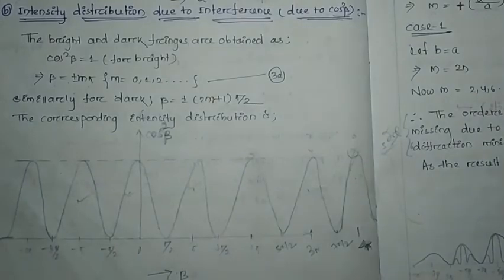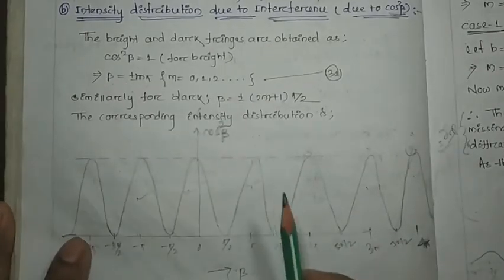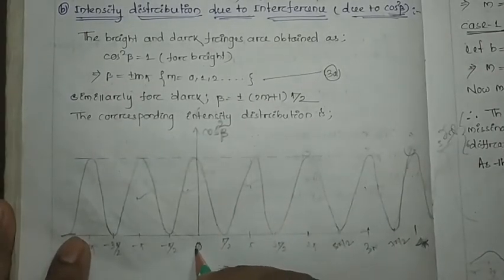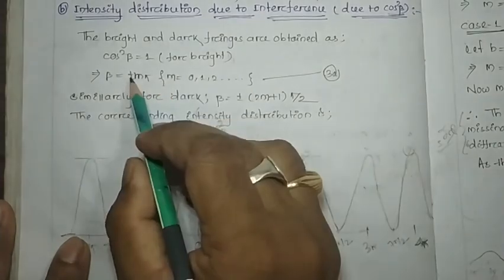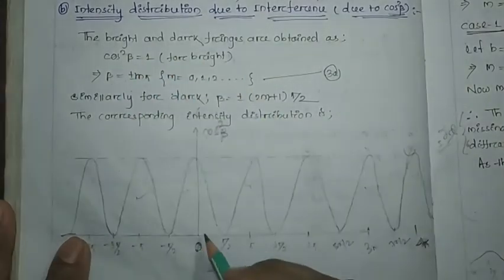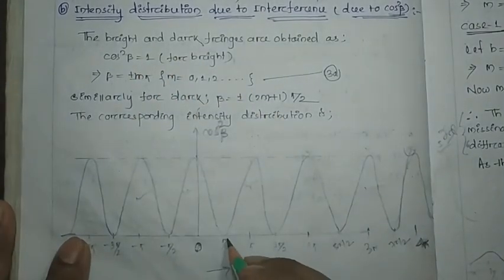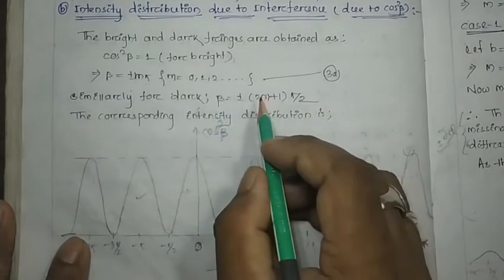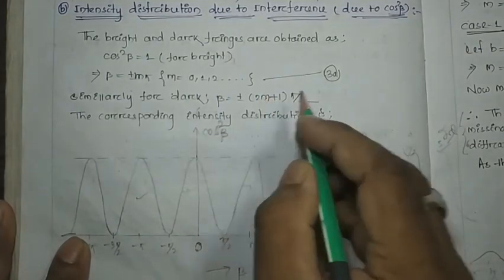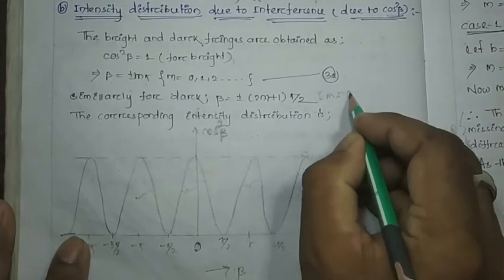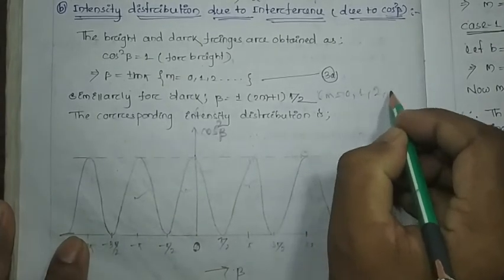If I consider the fringe pattern or interference pattern, then at 0, m equal to 0 means it will be bright and it will be the maxima. Here also m is considered as 0, 1, 2, 3 like this.